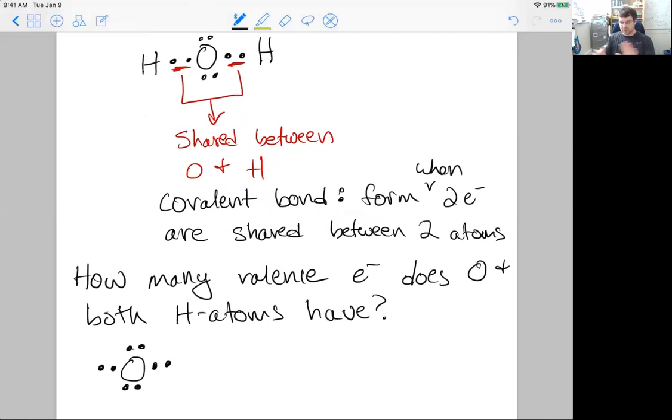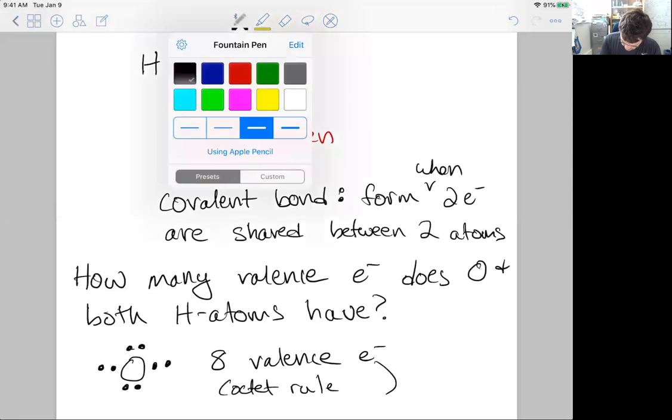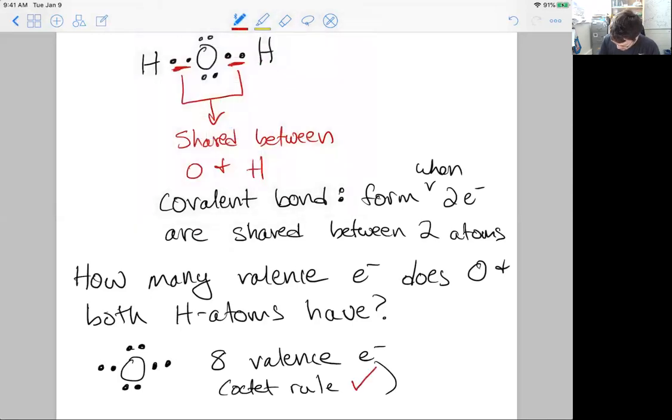But if you look at the oxygen without the hydrogens, just leaving the hydrogens out, we have 8 valence electrons. If you look, the octet rule is then satisfied. That's a check. I'll make it a better check.